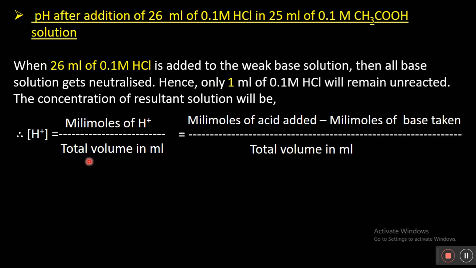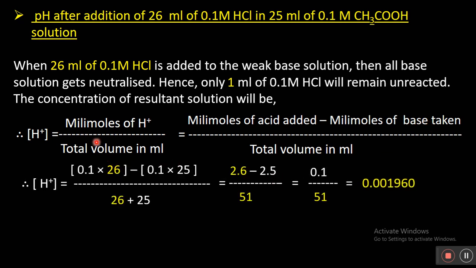Therefore, the concentration of the resultant solution will be millimoles of H plus upon total volume in ml. So millimoles of H plus is millimoles of acid added minus millimoles of base taken, divided by total volume. I am adding 26 ml of 0.1 molar HCl, so 0.1 into 26, and out of this 25 ml will react with 25 ml of base solution, so 0.1 into 25.